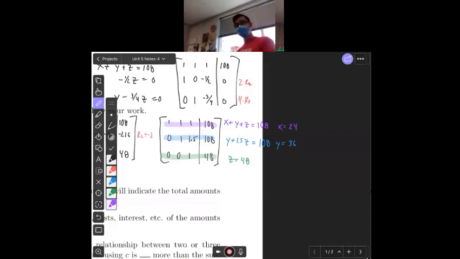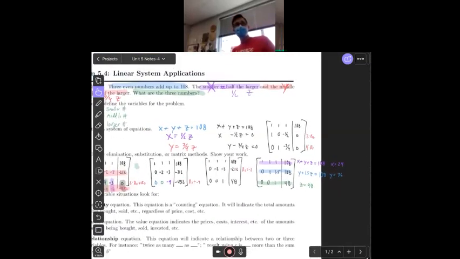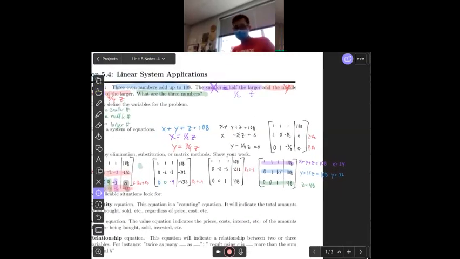Do they actually meet the criteria of the question? Right, so you go back and read the question and say, do they answer the question? We have 3 even numbers. Yep. Do they add up to 108? Well, they better, because that's the last thing we did. Is the smallest half of the larger? Yep. Is the middle number 3/4 of the larger?